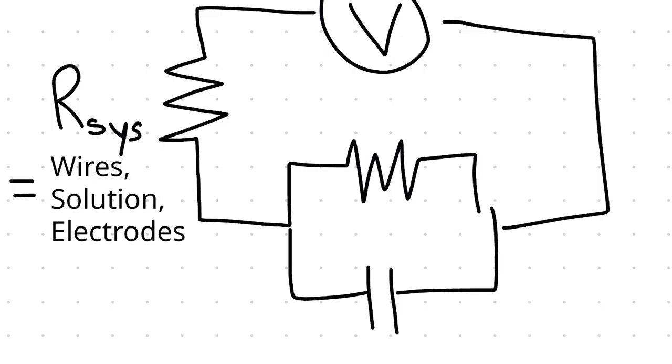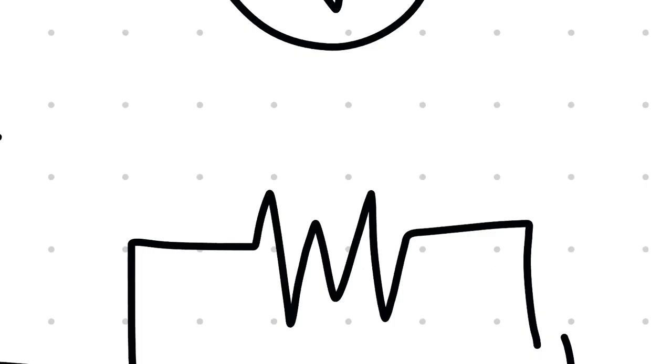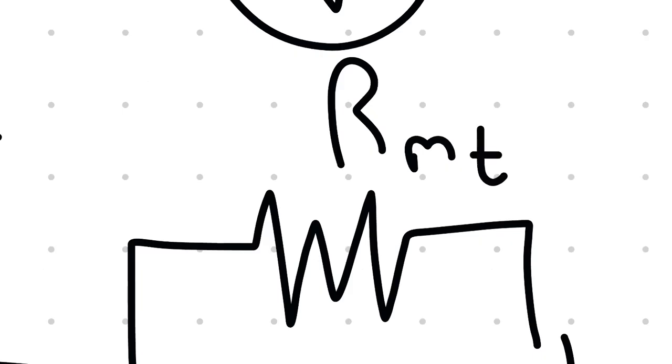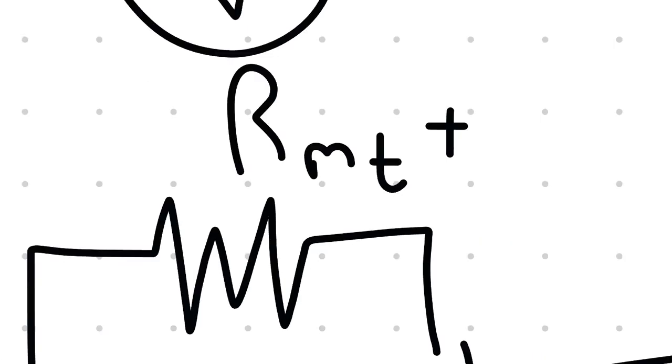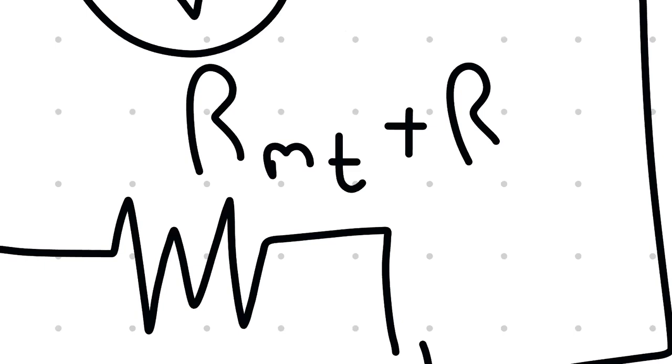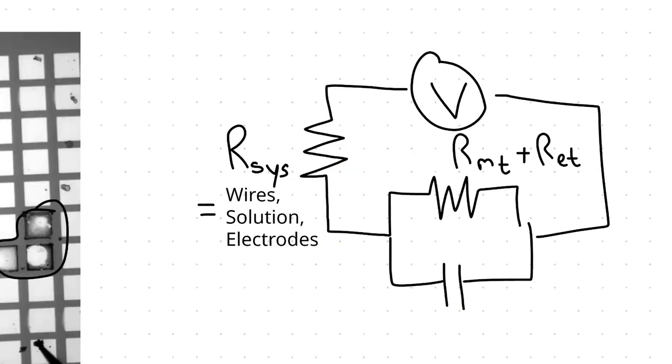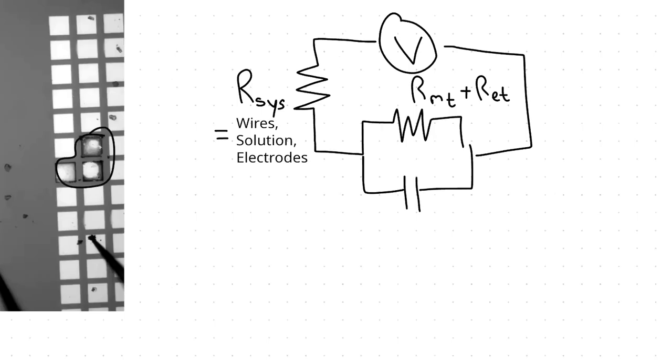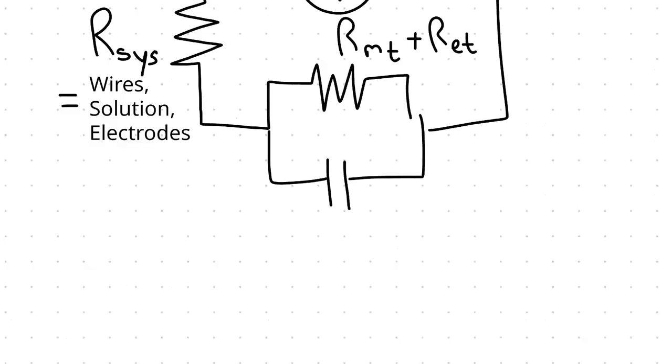And then there's this other resistance right here. This resistor represents the resistance of the mass transport combined with the resistance of the electron transport. What this basically means is that for our electrochemical reaction to take place, it takes time and it takes work for the electrons and the ions to move to the electrode, because our chemistry has to occur at the electrode.